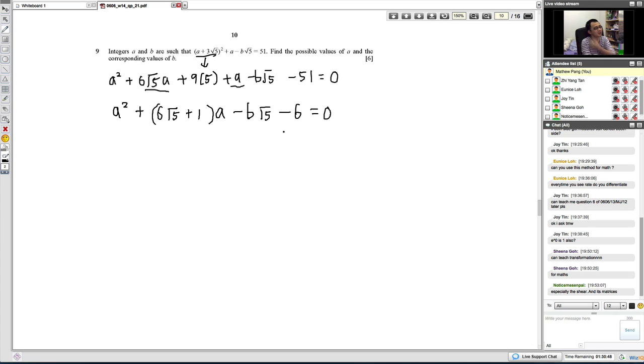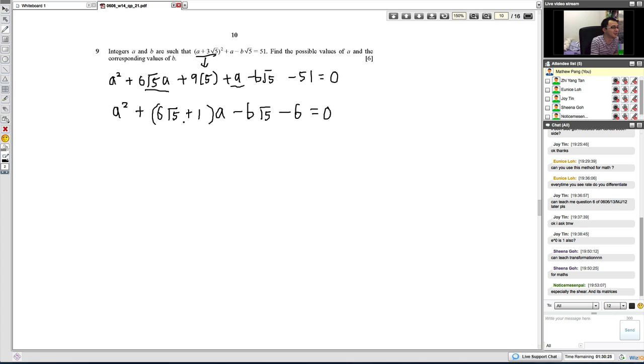For a question like this, it's the comparing method, no matter how many marks it gives you. So I will compare between root 5 and the number. Interesting. Okay, let's see.